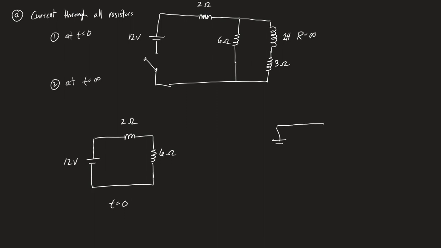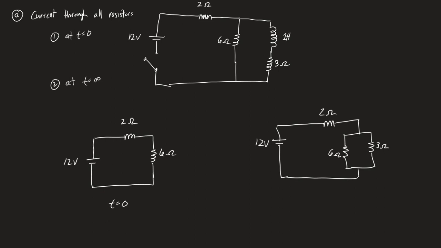In the steady state condition, it's as if the inductor isn't in the circuit at all. 2 ohms, 6 ohms, 3 ohms, 12 volts.